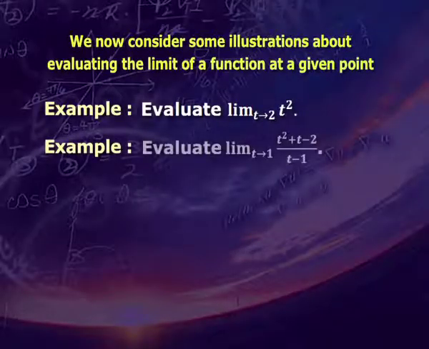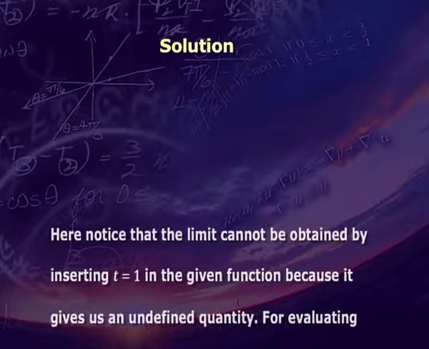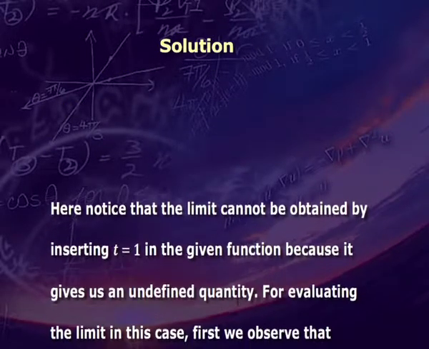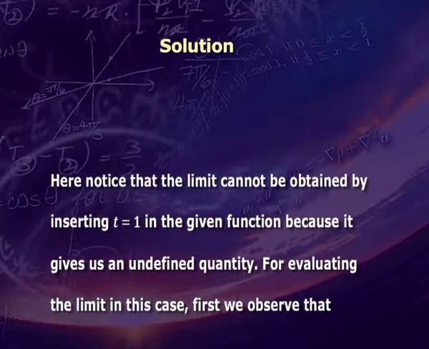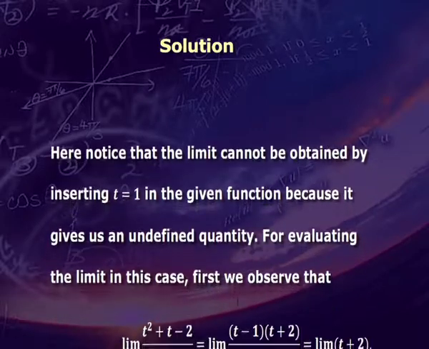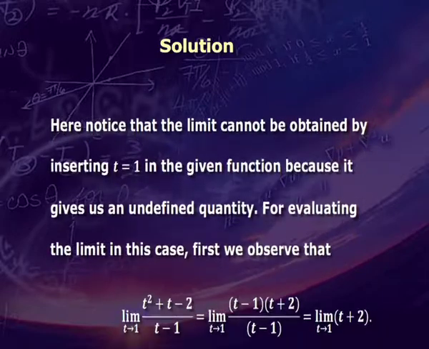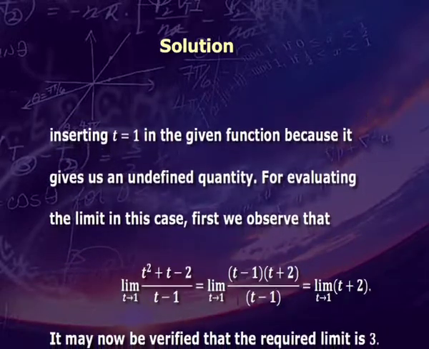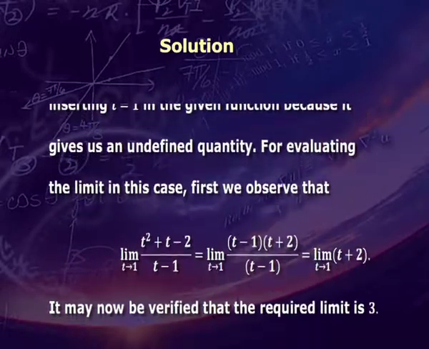Example: evaluate limit of t square plus t minus 2 over t minus 1 as t goes to 1. Solution: here notice that the limit cannot be obtained by inserting t equal to 1 in the given function, because it gives us an undefined quantity.